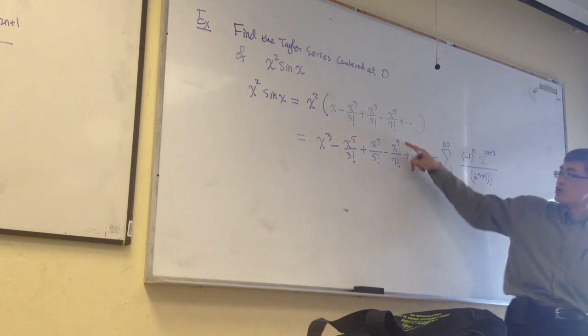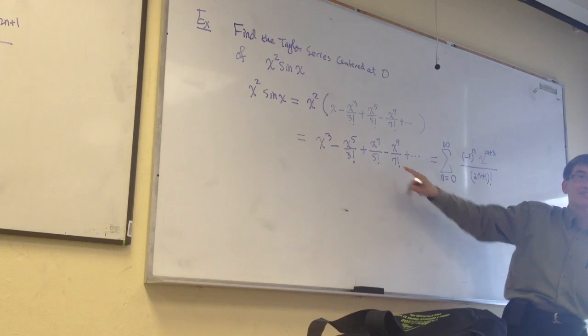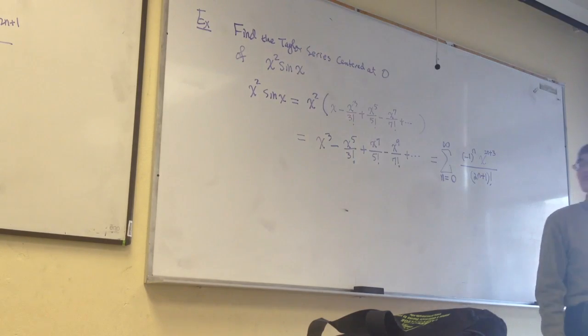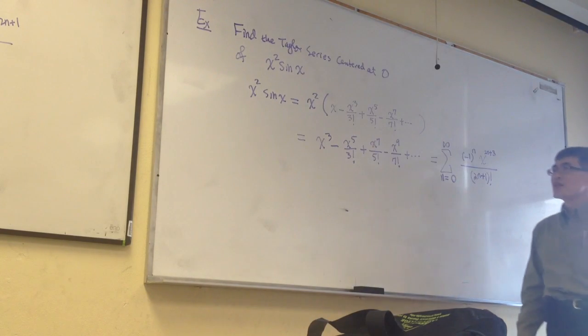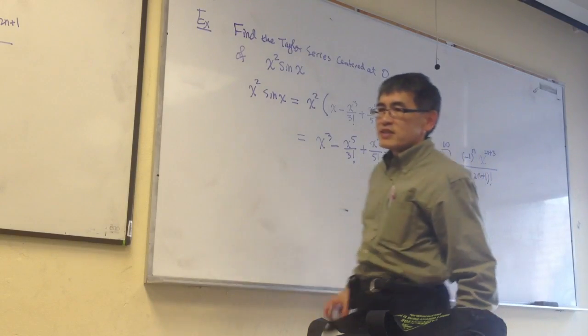See that? This is always 2 less than the power of x. So if the counter starts with 1, you write it as 2n plus 1. Both are acceptable forms, but you have to be consistent. All right. So that's that.